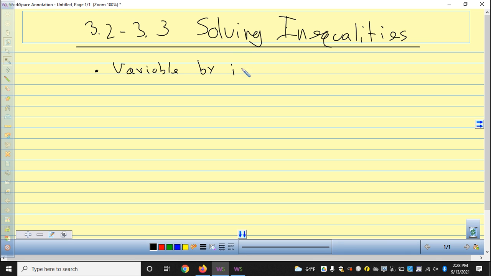by itself on one side. That's what we mean when we say solve. Get the variable by itself on one side. For our inequalities, we're going to use the same rules as for equations.